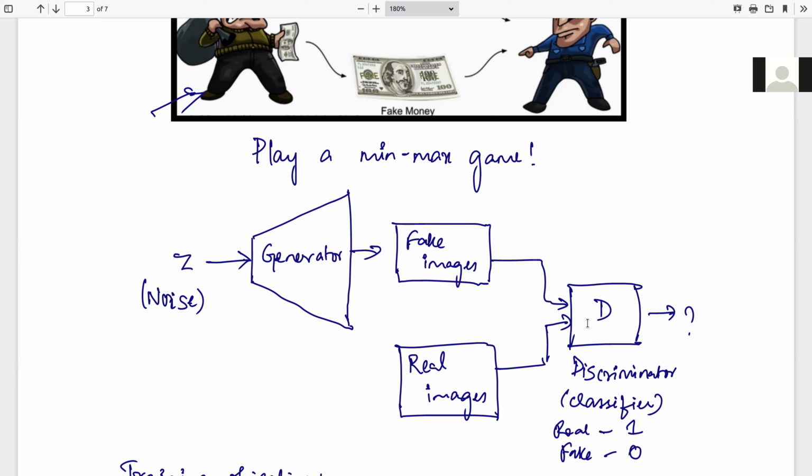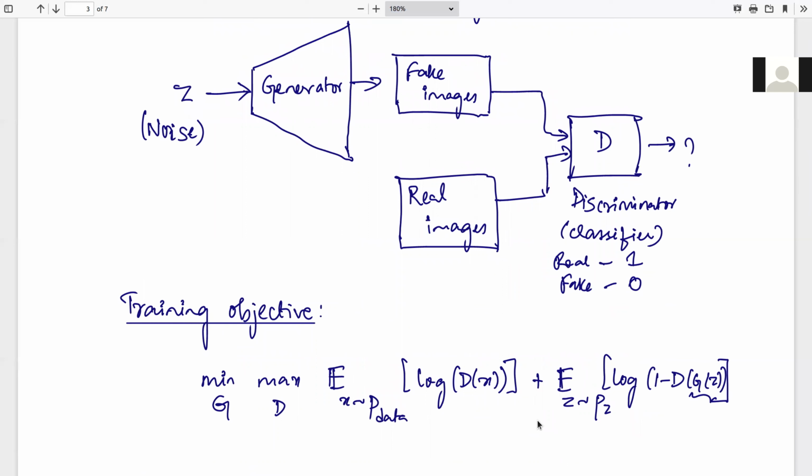Okay. So here, the training objective is, let's try to understand it first for the discriminator, and then we will go to the generator. For the discriminator, we want the discriminator to be good. So definitely we want that on real images.